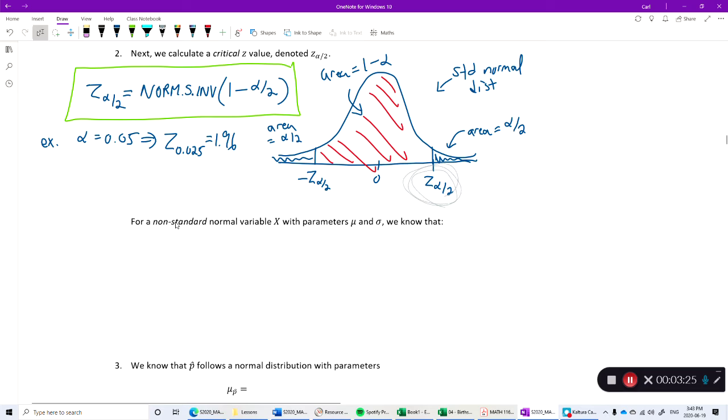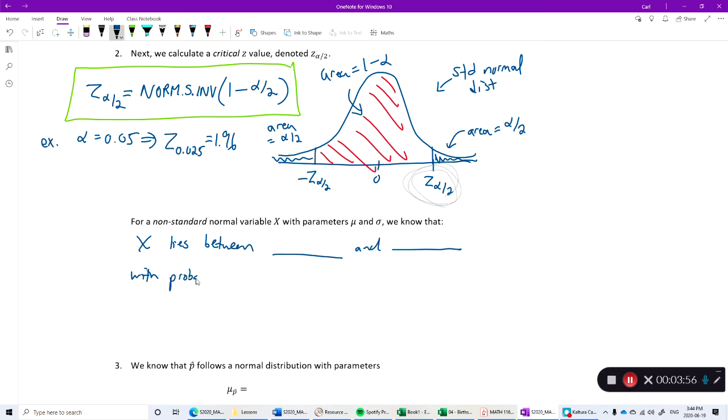For a non-standard normal variable with parameters mu and sigma, we know that X lies between what and what with probability 1 minus alpha.